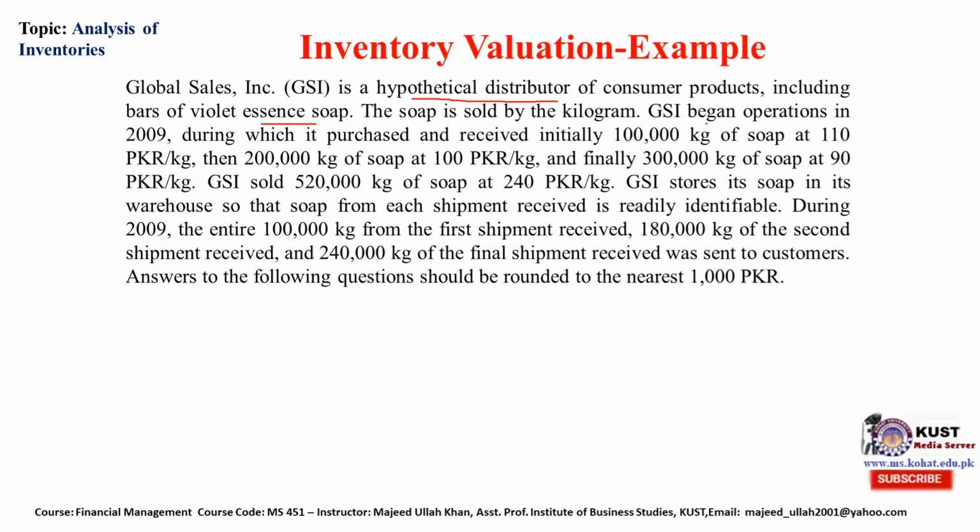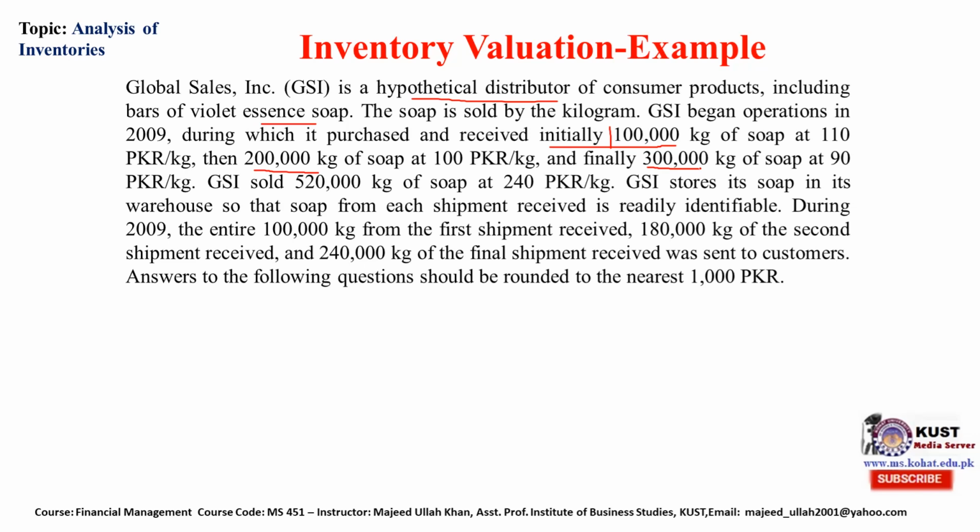Global Sales Incorporated began operation in 2009, let's suppose, during which it purchased and received initially 100 kg of soap at a rate of 110 rupees per kg. Second order is purchased 200 kg of soap at a rate of 100 rupees per kg. And finally 300 kg of soap is purchased at 90 rupees per kg.